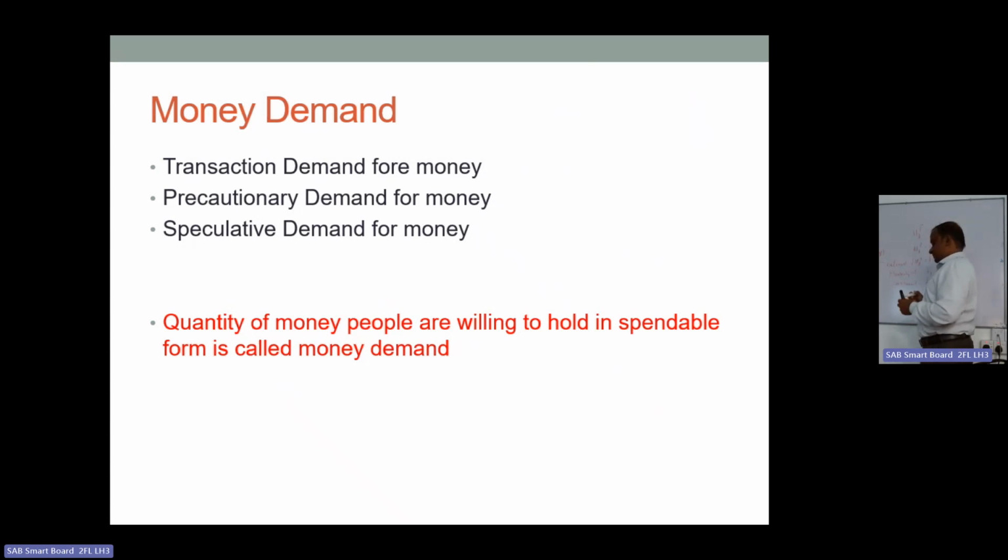When the interest rate changes, speculative money demand decreases, because of the portfolio motive, with changes in prices. You are going to earn something. That is the earning purpose, the profit motive. You keep money for profit.